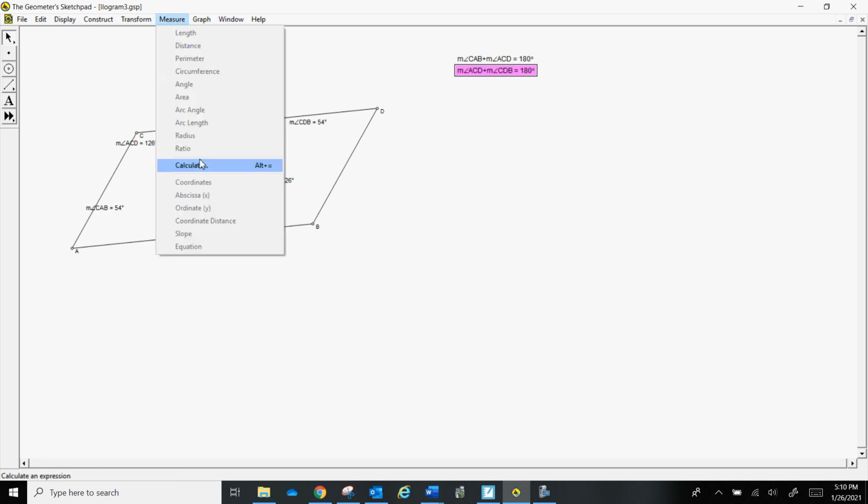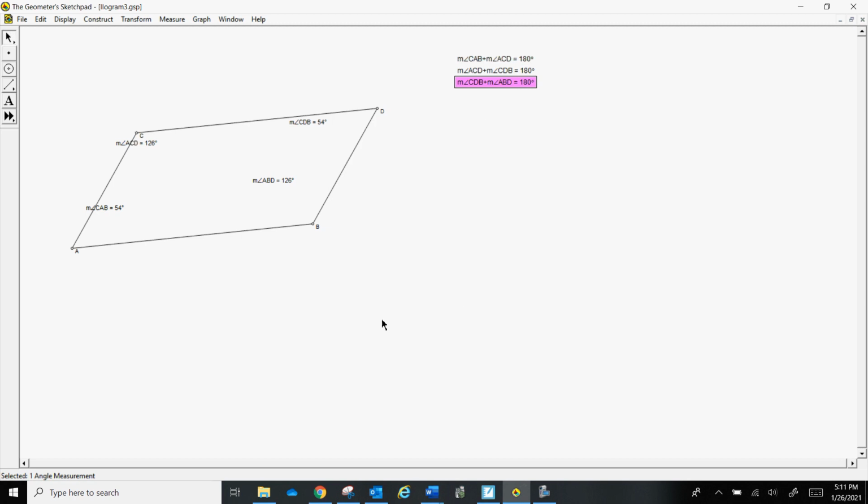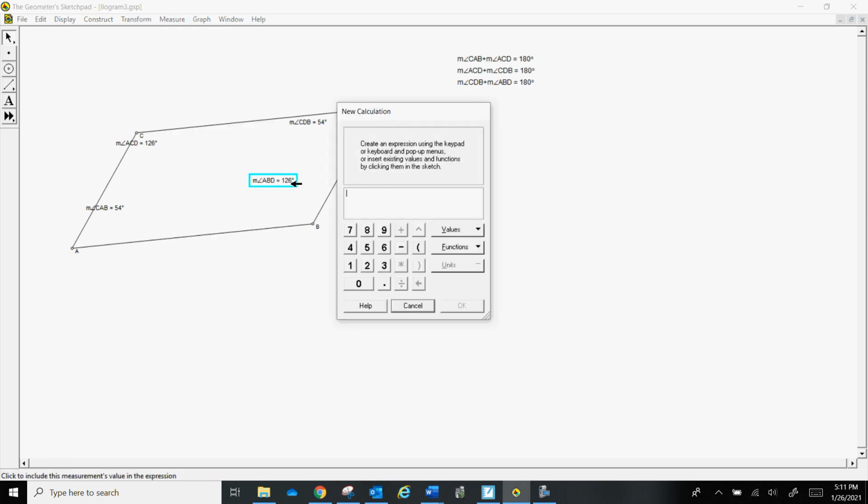If I add together this one right here plus that one right there, they add together to equal 180. And even these bottom two right here, they're going to add together to equal 180 degrees.